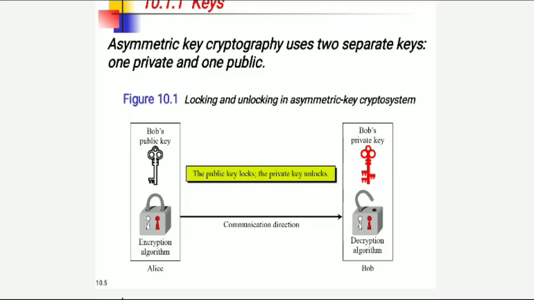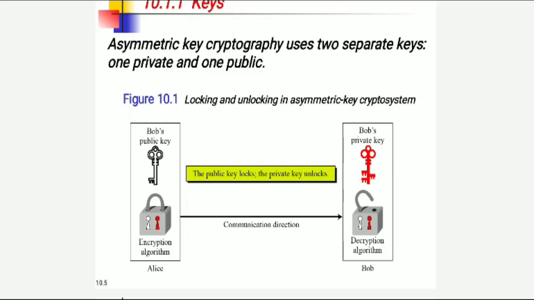Suppose Alice wants to send a message to Bob. Then Alice has to encrypt the message using Bob's public key, and she sends it through the insecure communication medium. And when Bob receives this message, he decrypts this message using his own private key.